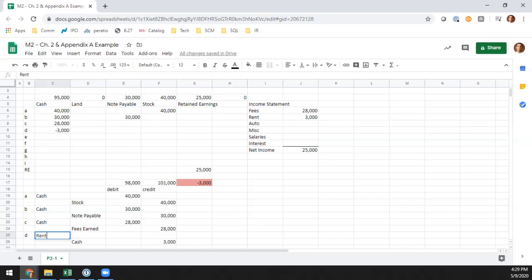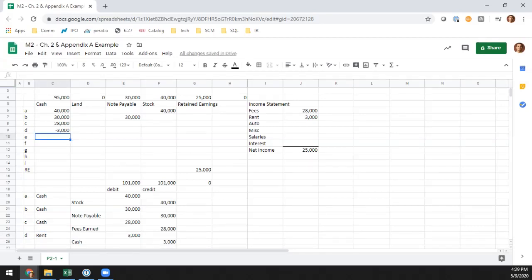Rent is an income statement item, which means that it flows to retained earnings, and retained earnings increases with a credit and decreases with a debit. So we are going to debit rent for $3,000, and voila, we're balanced again.